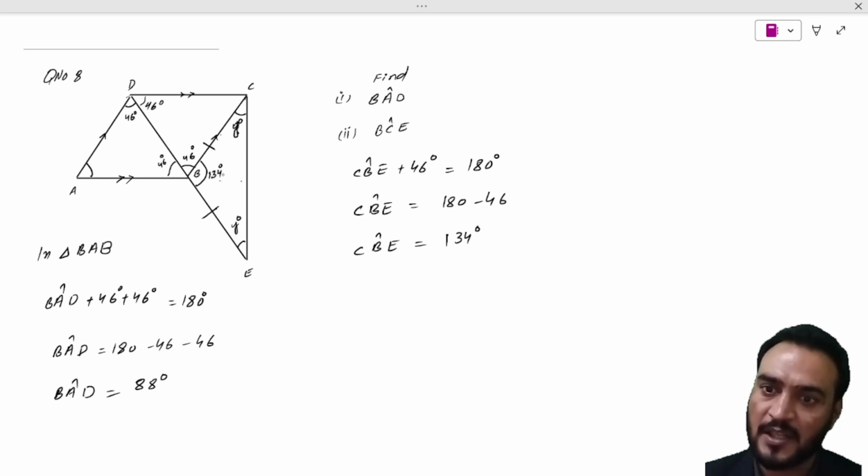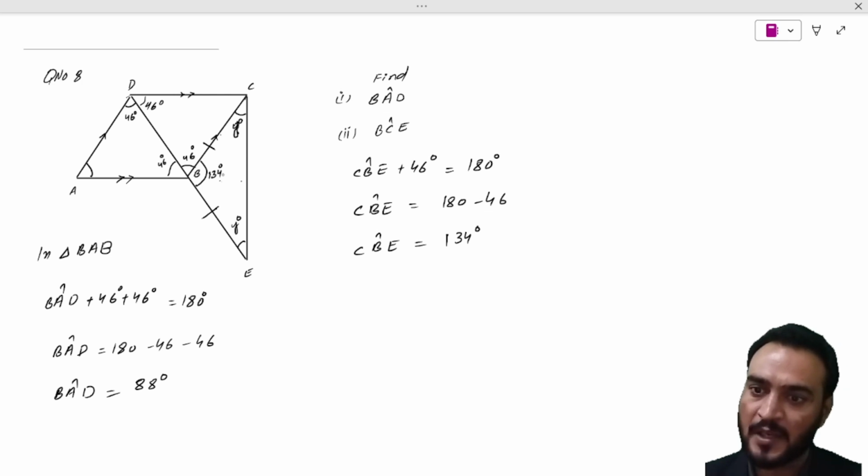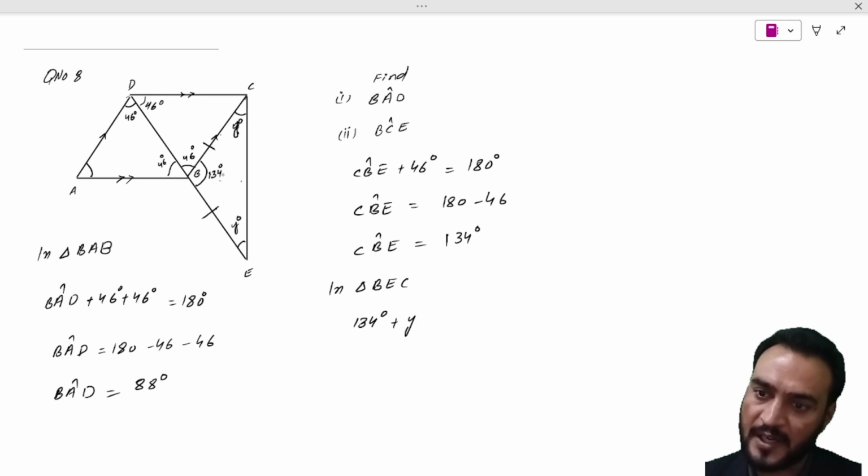Now we will consider the triangle BEC. In triangle BEC, the sum of the interior angles, one is 134 degrees, and the other two are y degrees plus y degrees. Their sum is equal to 180 degrees. So 2y degrees is equal to 180 minus 134.